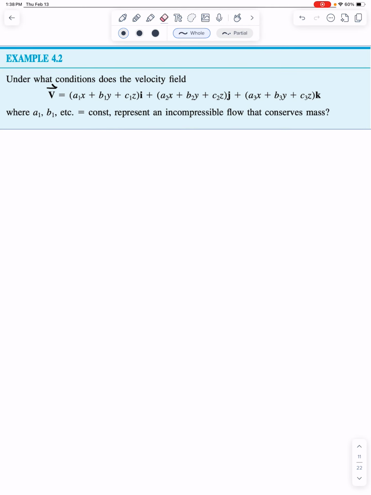Okay, so under what conditions does the velocity field V, given by this equation, represent an incompressible flow that conserves mass? Quickly mentioning, I think back in Math 22B, differential equations, we have position vectors, which are represented by S, maybe P or R, one of these three.